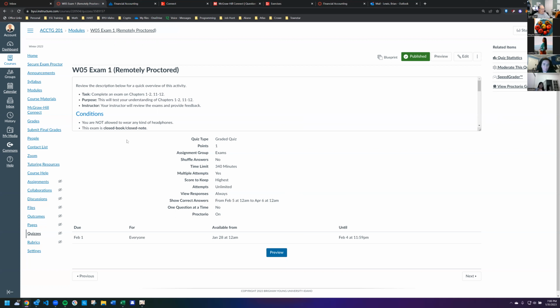Oftentimes the way I've explained it to others is that if you've been getting 90, let's say 95% on your quizzes, more than likely if you do well in the exam, you'll get anywhere from an 85 to 95. But if you're just barely passing your quizzes, let's say at 85%, there's a high chance that you'll get a 75 or 70% on the exam because it hasn't quite clicked yet.